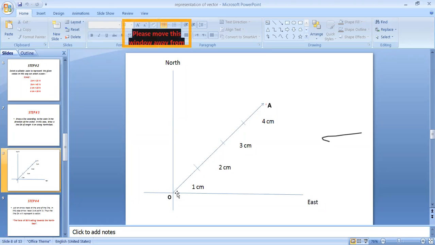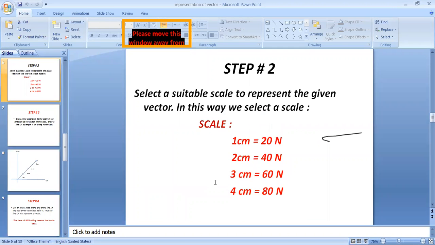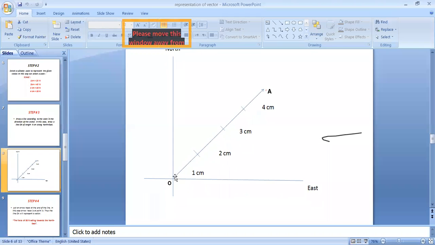Put your scale at O point. Then what is your last centimeter measurement? 4 centimeter. It means you have to make a line of 4 centimeter. Take your pencil to the 4 centimeter and mark a point.